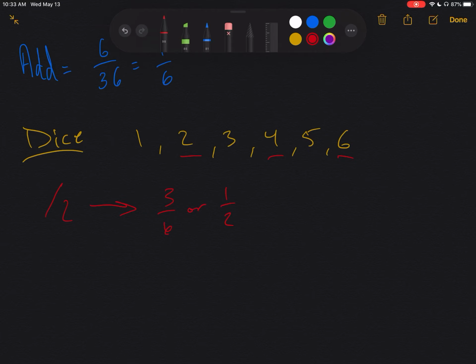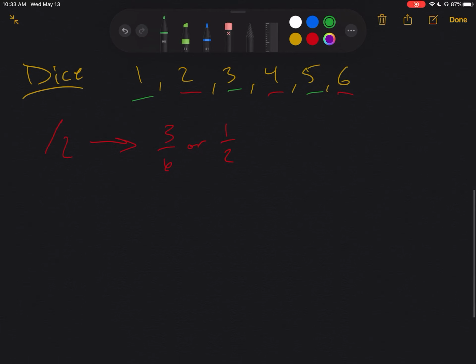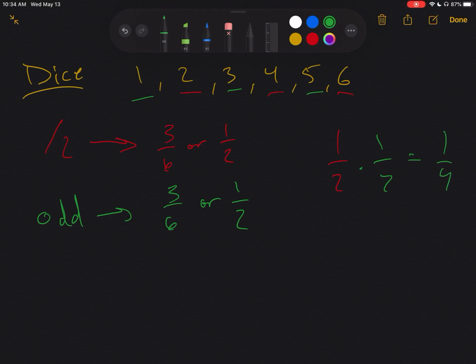So I already rolled an even. What are the chances I roll an odd? That would be 1, 3, and 5. Odd. Once again, 3 out of 6, or 1/2. Well, 1/2 times 1/2 is 1/4. So there's a 1 in 4 chance that I roll an even number and an odd number if I rolled 2 dice. Okay?